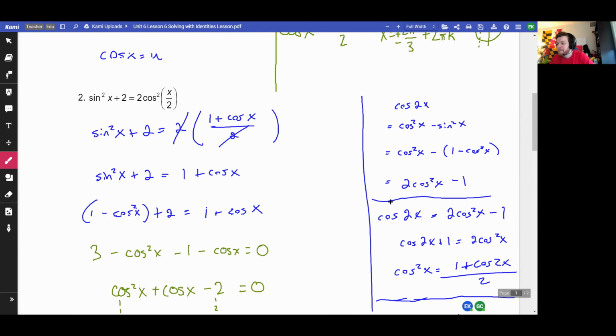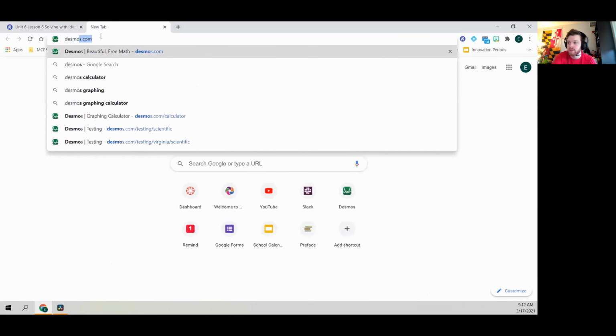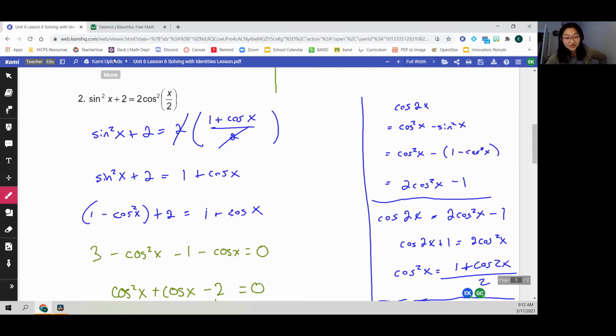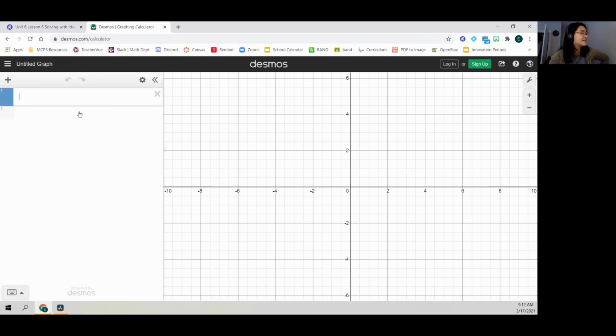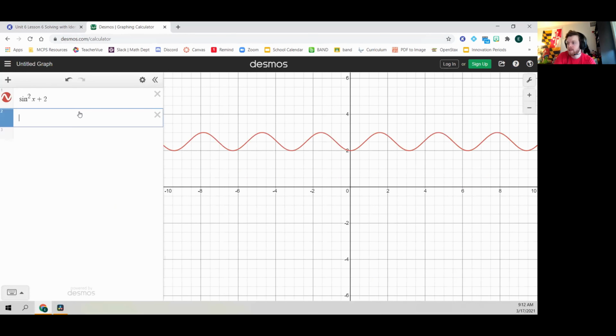Yeah, we could. I have an idea. Can we do something real quick? Can I graph these on Desmos and see where they intersect? That's the best way. That's what I would have suggested the students do. Sine squared x. What is the right-hand side? Do you still see it? Plus 2. And then 2 cosine squared of x over 2.